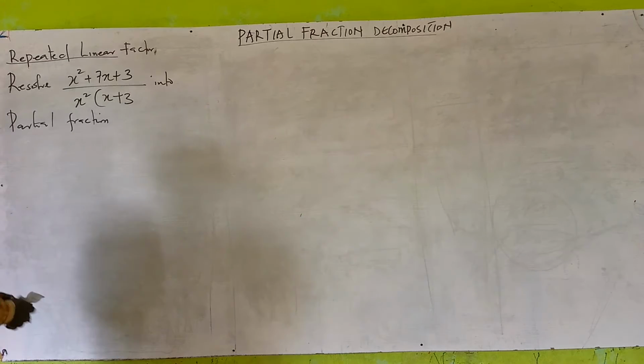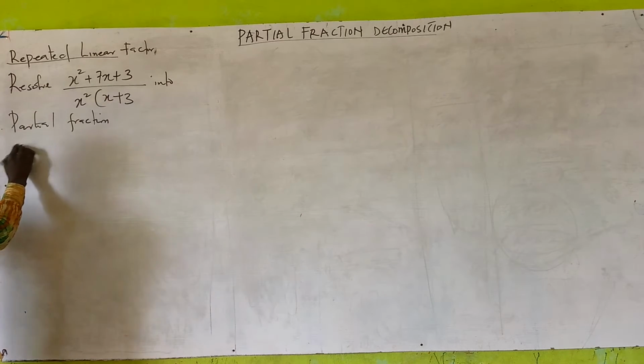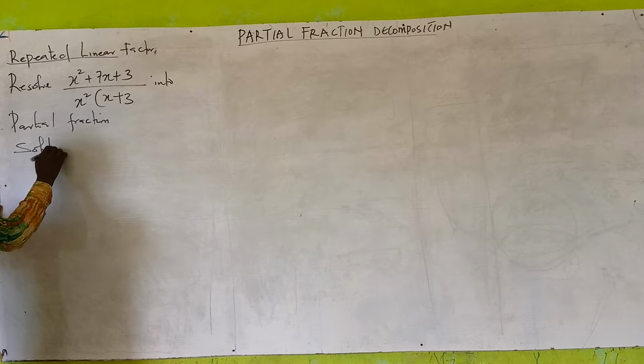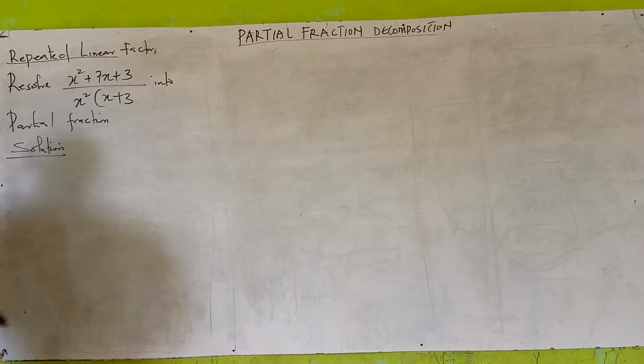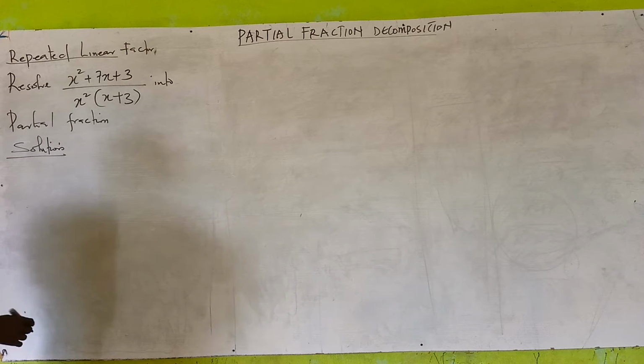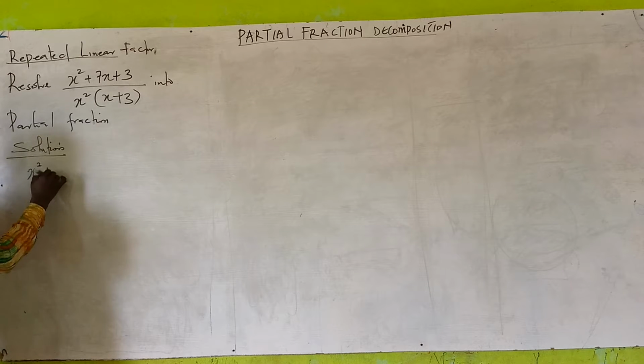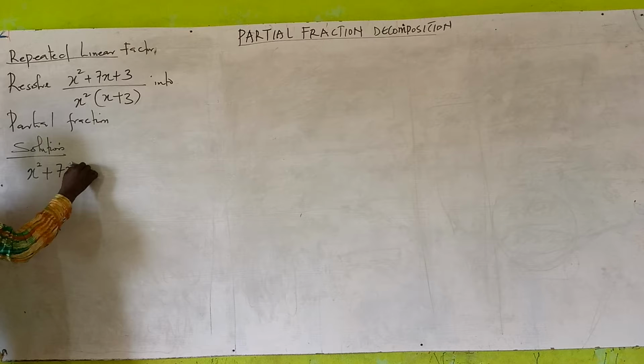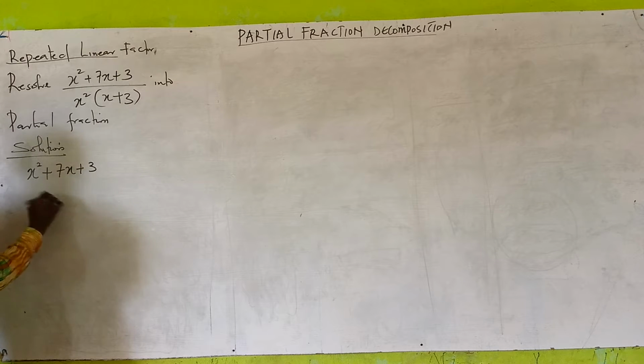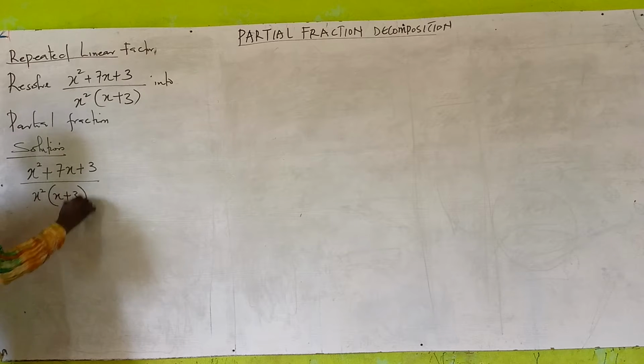Resolve this into partial fractions. Solution. Now, say x squared plus 7x plus 3 divided by x squared into bracket (x plus 3).